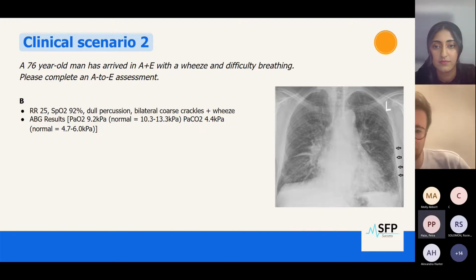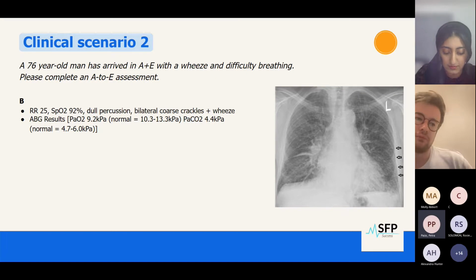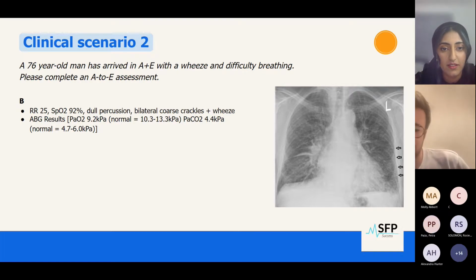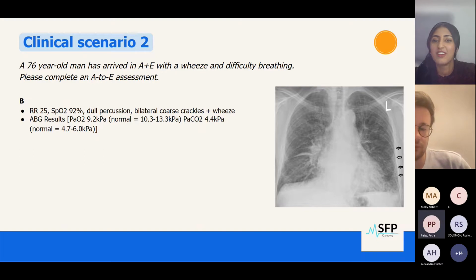Their oxygen saturations are quite low, so I'd be quite worried about that. I'd give them 15 liters on a non-rebreathable mask. Yeah. And then having a look at the X-ray, why don't we talk through what you can see? It doesn't need to be anything fancy. Just generally looking at it, does it look normal to you?